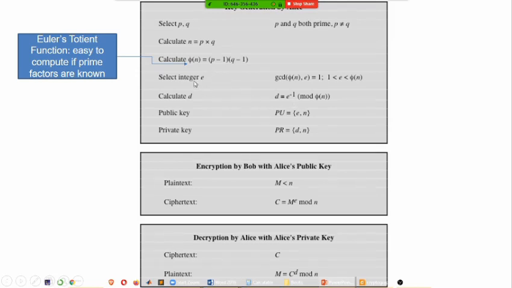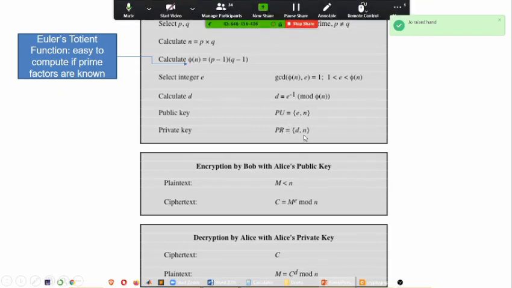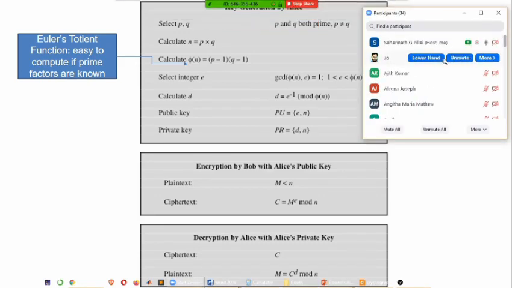So select an E, ഏതോ ഒരു number E select ചെയ്യണം which is relatively prime to phi of n. ആ നമ്പറിൻ്റെ multiplicative inverse using the inverse Euclidean algorithm compute ചെയ്യുക. With that you get the private key. So public key is e and n, and the private key is d and n. Seems that Joe has raised a hand.